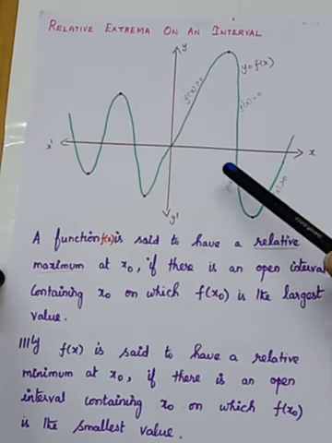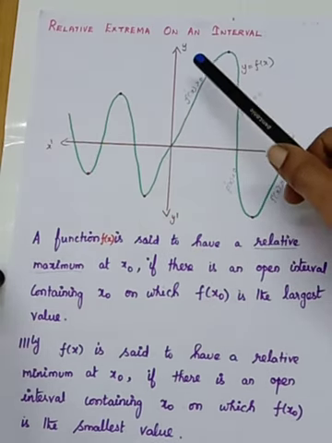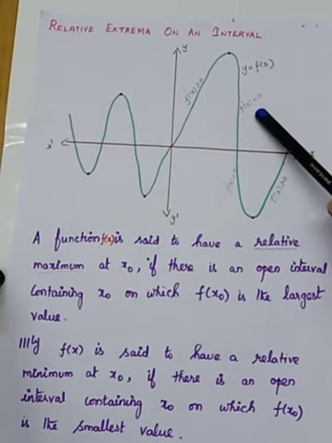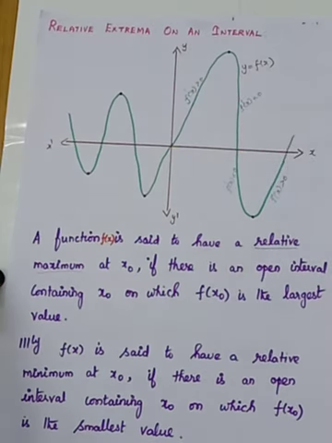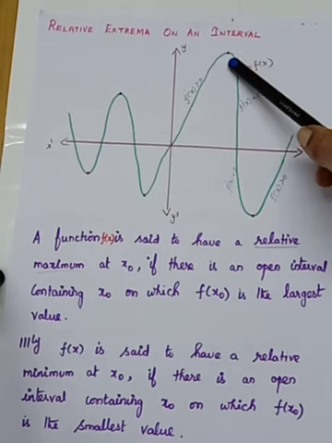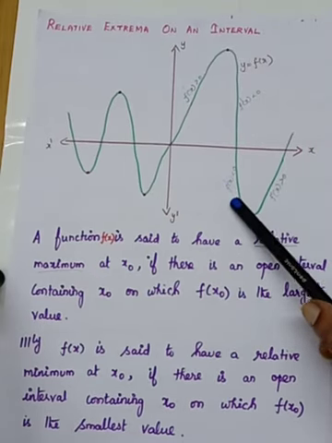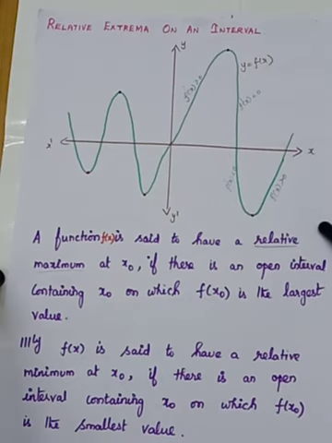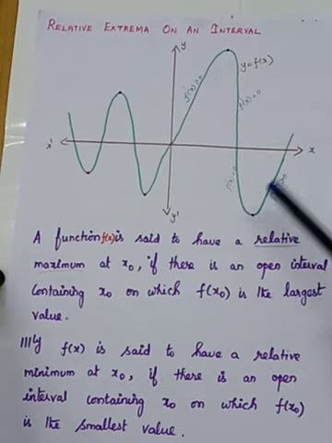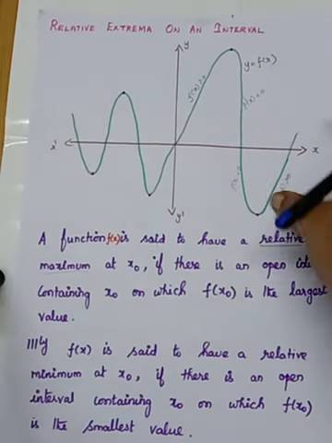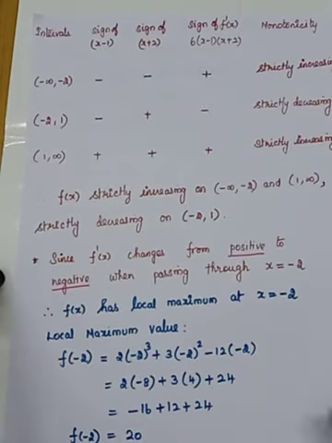When f dash of x changes from positive to negative, the function attains maximum. When f dash of x changes from negative to positive, the function attains minimum. That result only we are going to use to find local maximum and local minimum.